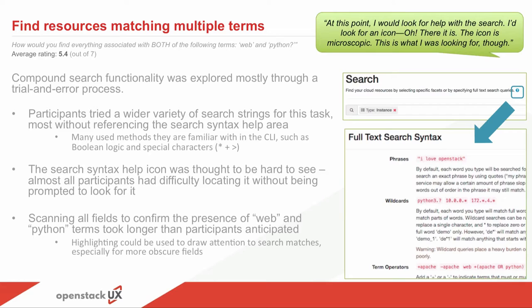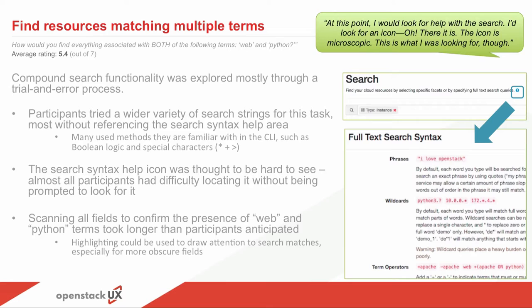Some participants simply put a space between the terms to see how the search would naturally treat it, whether as an and or as an or in Boolean logic. Other people used special characters such as asterisks and plus signs to get more specifically at terms that had both of them instead of just one or the other.